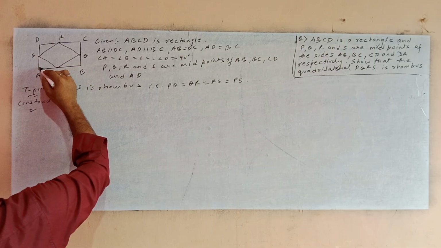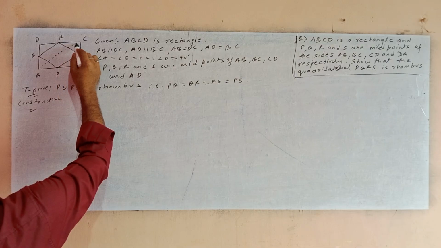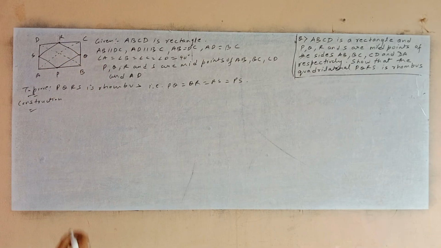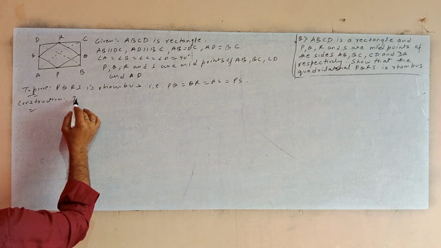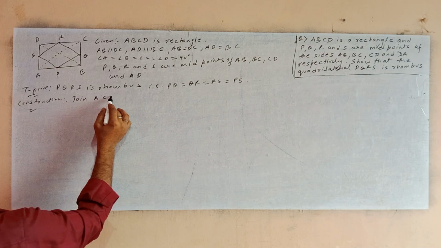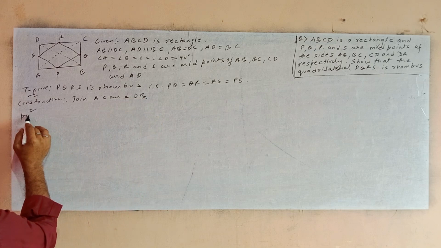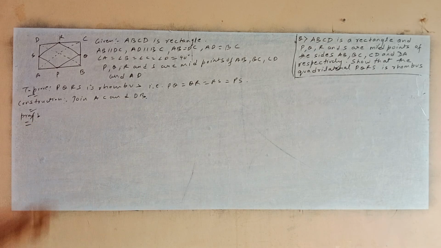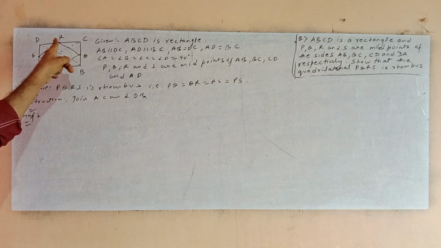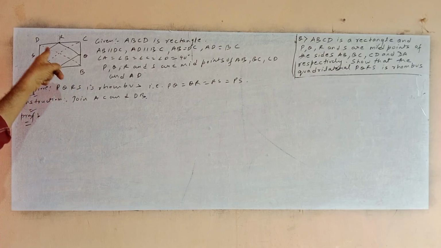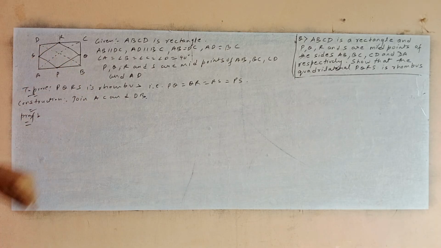You will join the diagonals. So for construction, join AC and DB. Okay. Now proof starts. Now see in triangle CDB, R and Q are the midpoints. So RQ is equal to half of DB and RQ is parallel to DB.